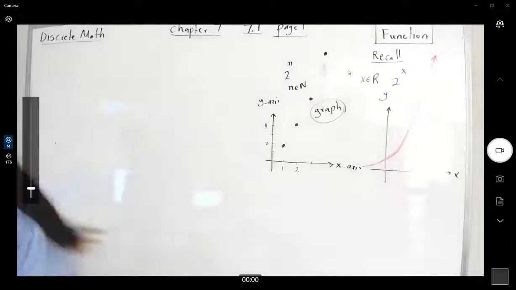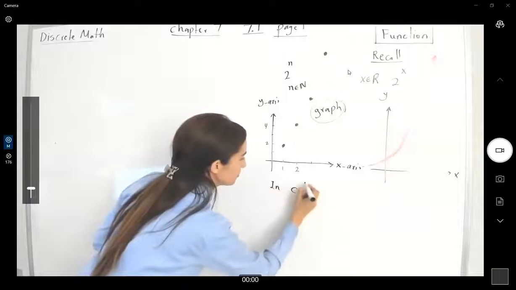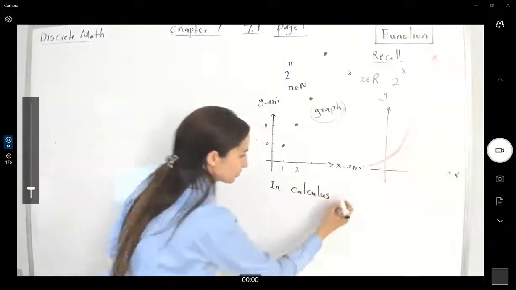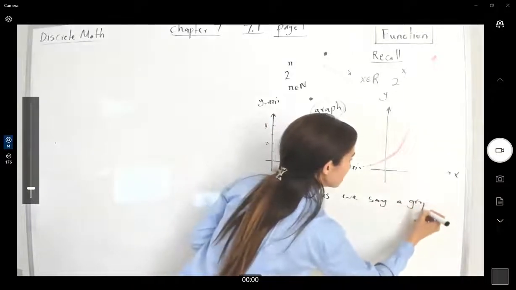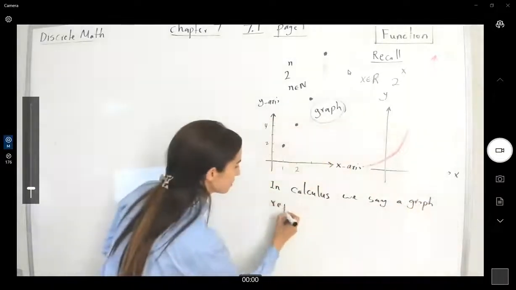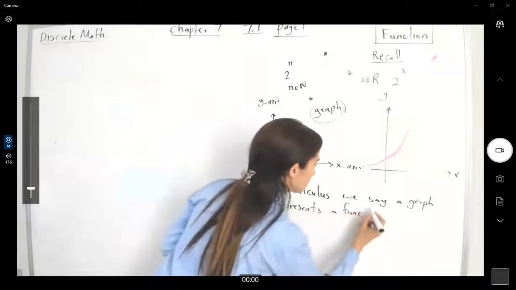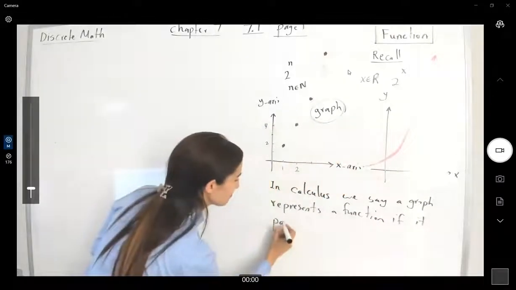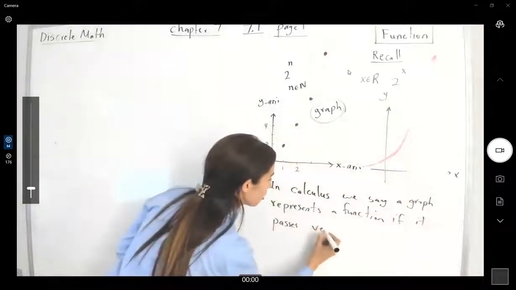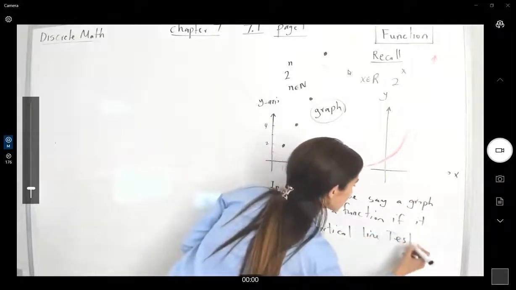So recall, in calculus, we say a graph represents a function if it passes the vertical line test.